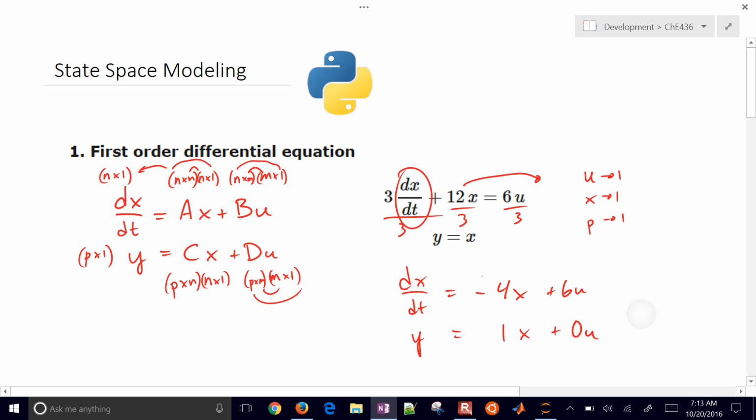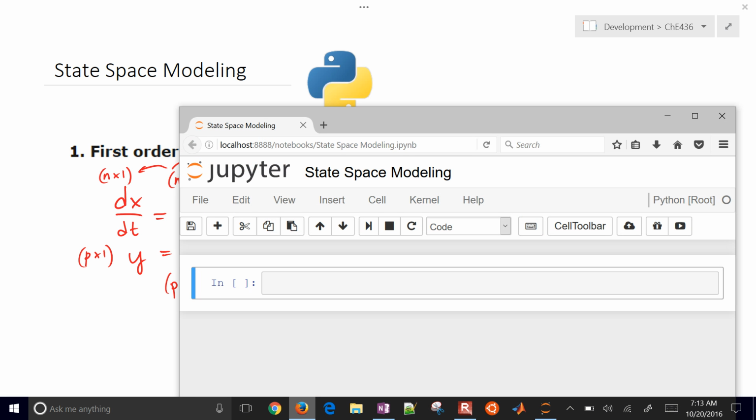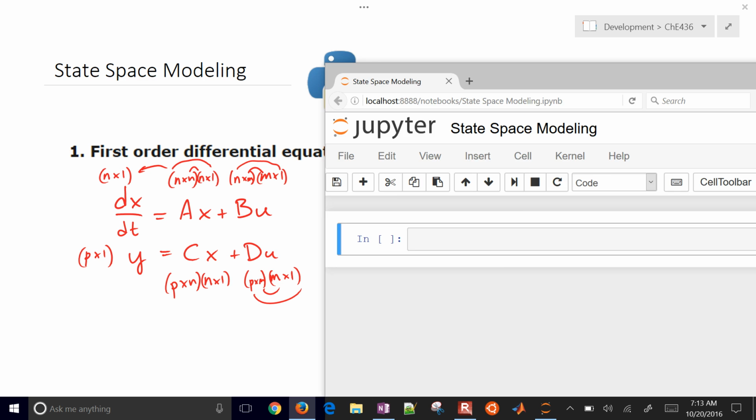So here are the matrices right here, actually just single values, A, B, C, and D. And so let's go over to Python now and just go ahead and plug these in.